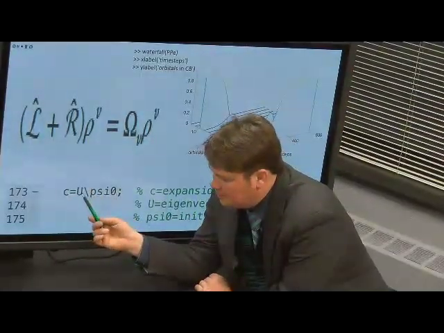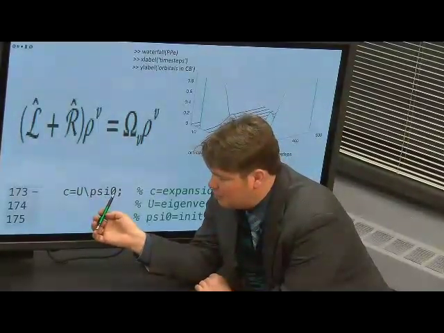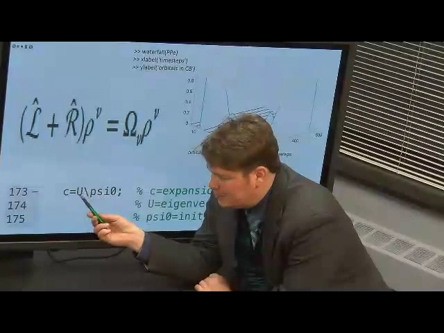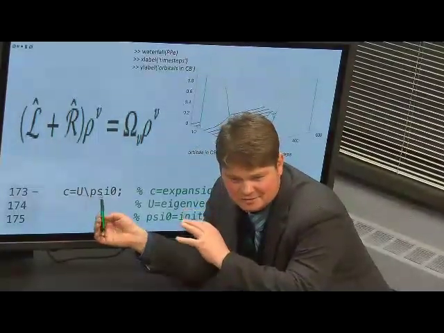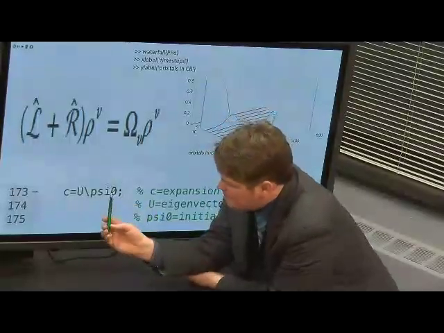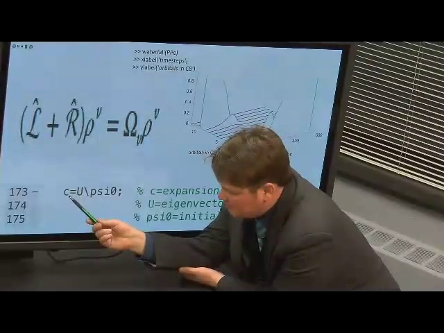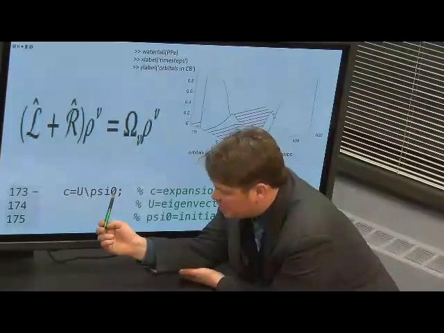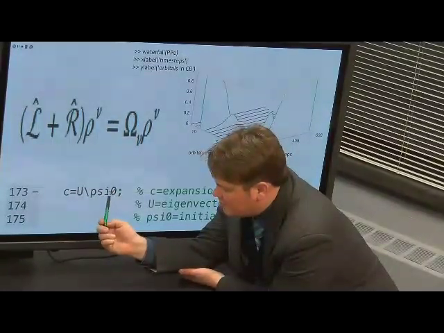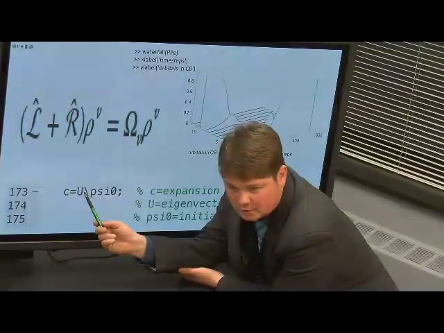Therefore, this is another excellent thing in MATLAB. It is the solution of a system of linear equations, like these 100 equations, in one line. So we find expansion coefficients. We find this vector C, which will tell the projection of the initial state onto each of the eigenvectors.